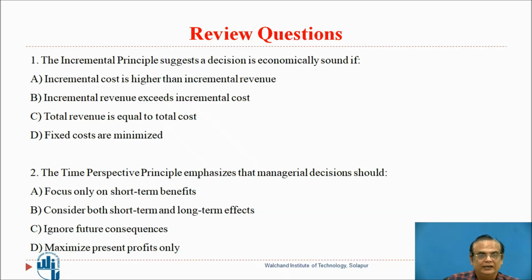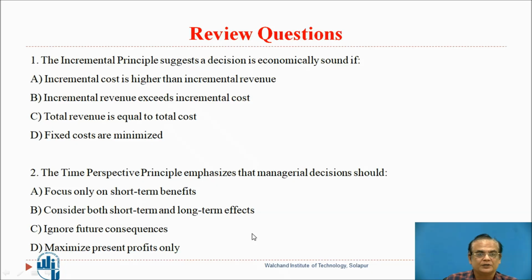Dear students, let us stop a while here. Here are 2 review questions for you. Read them carefully and write the correct answers. The incremental principle suggests a decision is economically sound if, and there are 4 options. Second, the time perspective principle emphasizes that managerial decisions should, and there are 4 options.